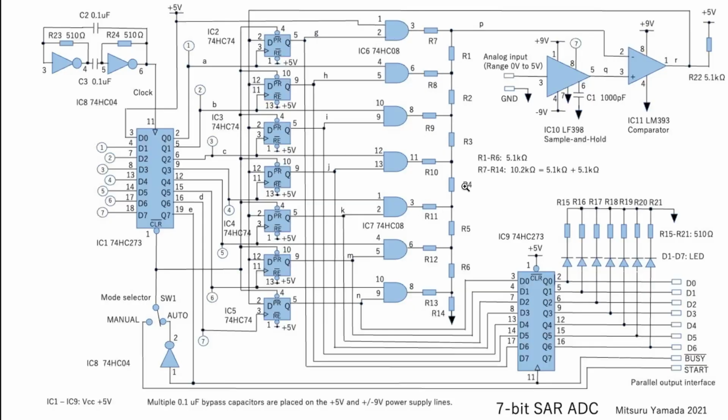The R2R DAC ladder will do its thing and give out an analog voltage from the 8 digital bits that are being given to it, and this analog voltage is compared to the analog input voltage right here using this LM393 comparator. If it is higher or lower, it will send a signal back to all these D flip-flops right here and determine if the bit should be higher or lower, and then store it in the register.